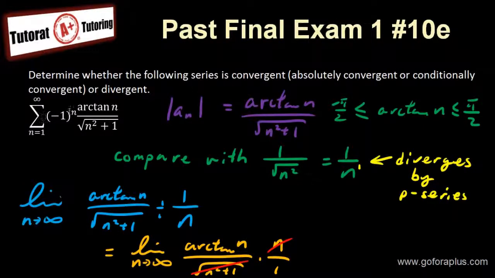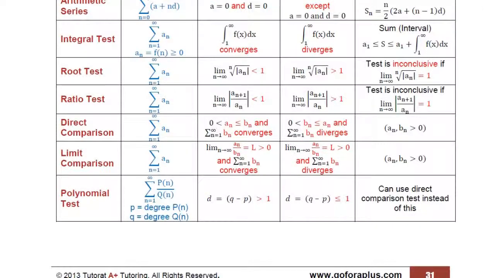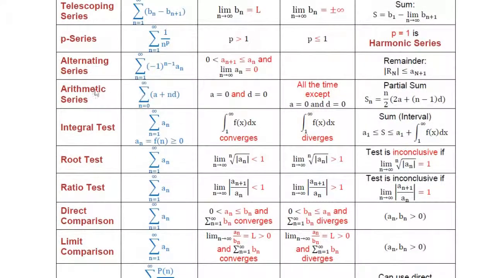Does that mean that my alternating series also diverges? No. Right now you have to test the two conditions of the alternating series. Is my next term always smaller than my previous term? And is the limit of my sequence equal to 0?